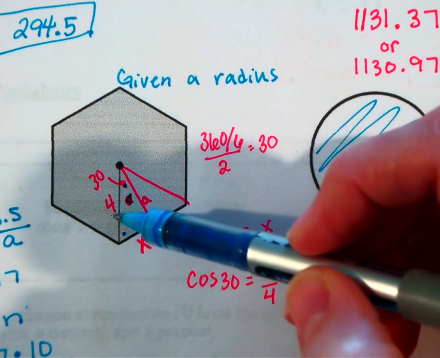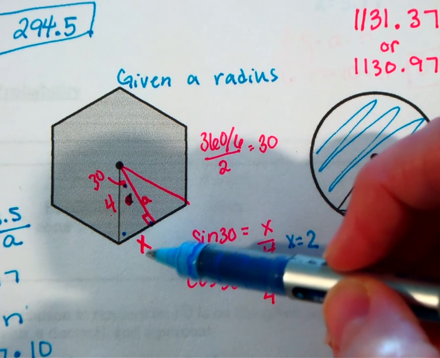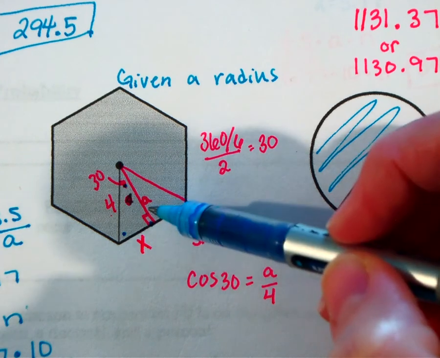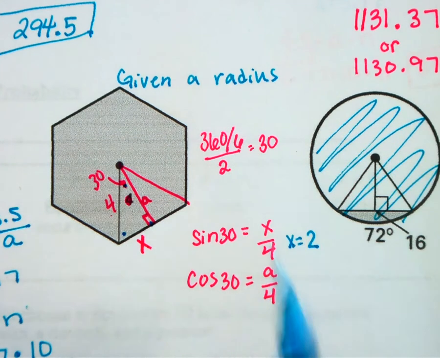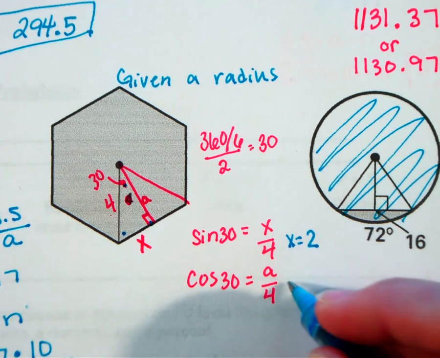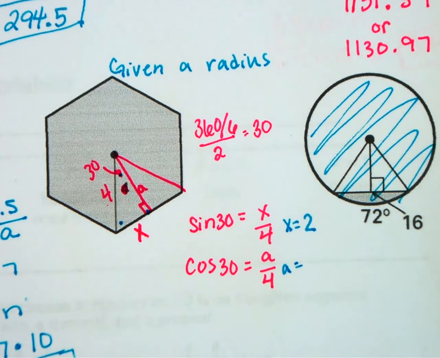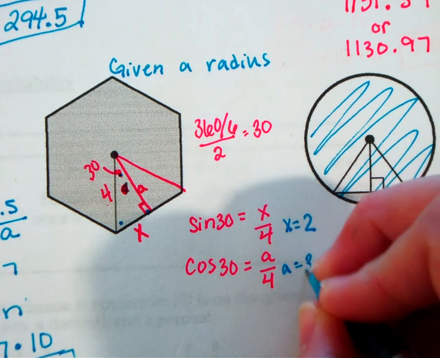And if it's a 30, 60, 90 and the hypotenuse is 4, the short side is going to be half of that, which is 2, which means A would be 2 radical 3. Now you're not going to see that decimal here, you would see instead 3.46, but 3.46 is the same thing as 2 radical 3.